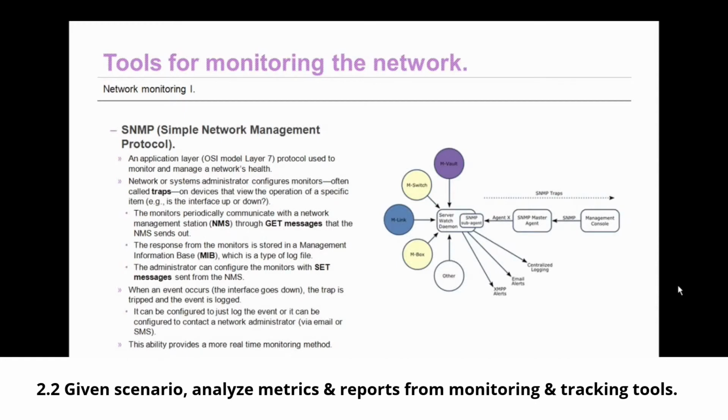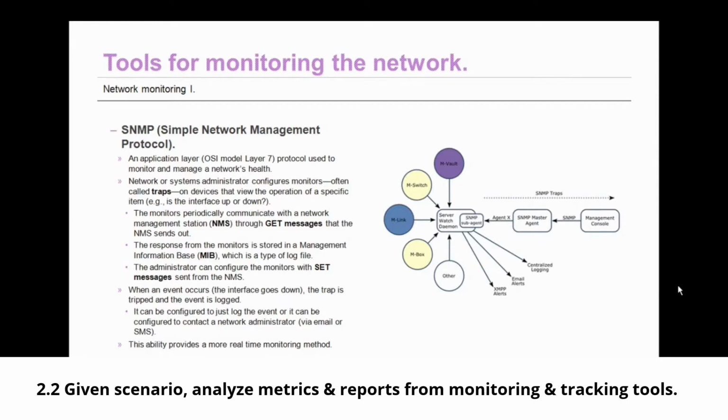There's also Simple Network Management Protocol, SNMP. SNMP is an application layer protocol used to monitor and manage a network's health. Network or systems administrators configure monitors, these are often called traps, on devices that view the operation of a specific item. As in, is that router's interface up or is that router's interface down?